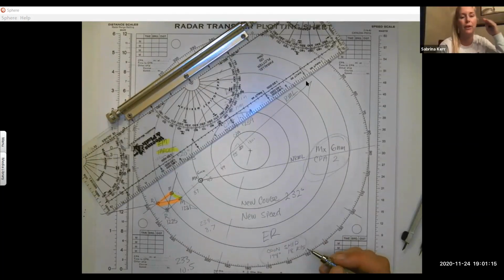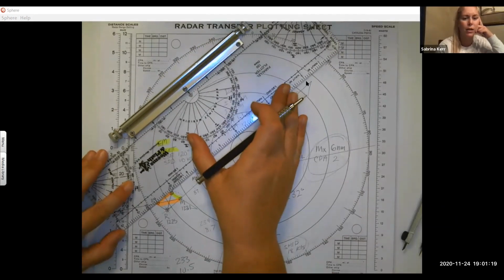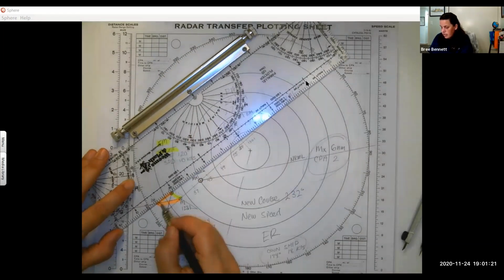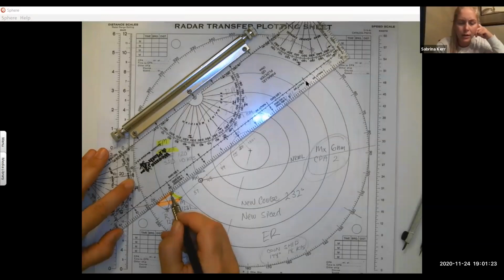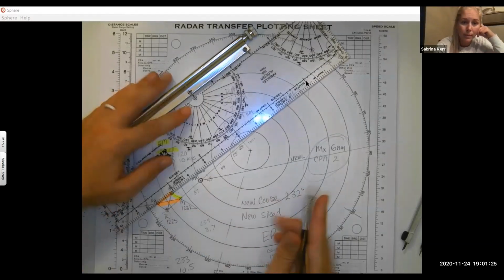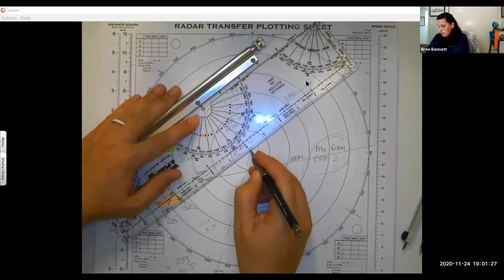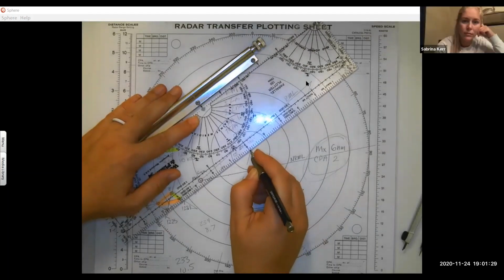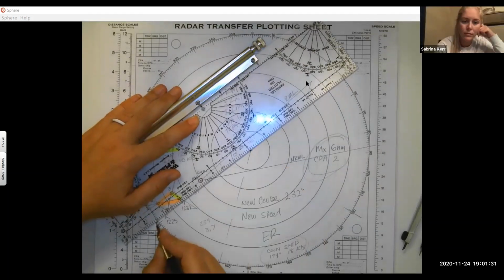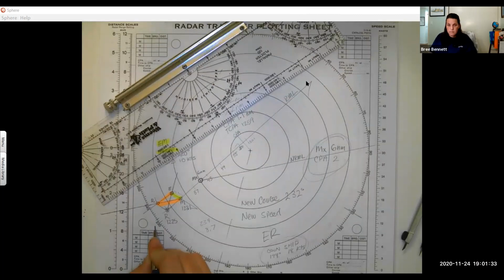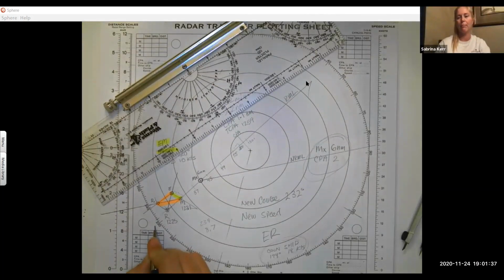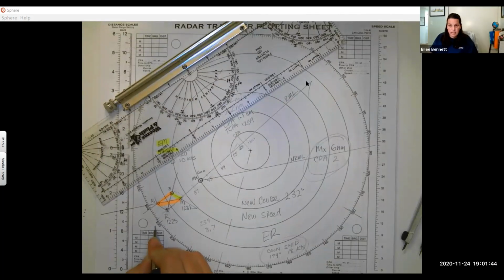Where did you get the very last thing you measured to get 232? So I measured E to R and then I brought it down to the center, and I got 232. I guess you're not really measuring E to R, you're just putting the rolling plot there and then moving it down. That would be measuring it.